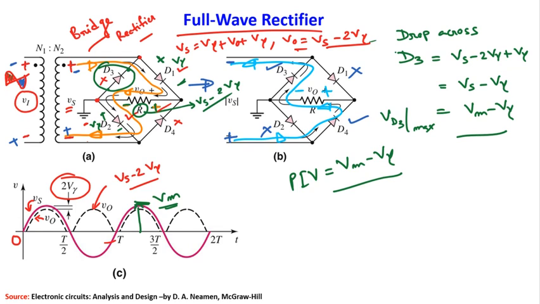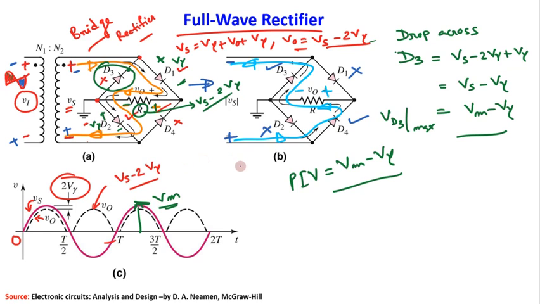Now if we have to compare these two full wave rectifiers, one is this bridge rectifier and the other one that we have discussed in the last page, that is the full wave rectifier using the center tap transformer, then what will be the difference?